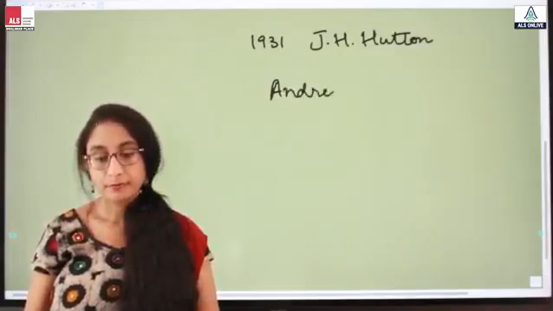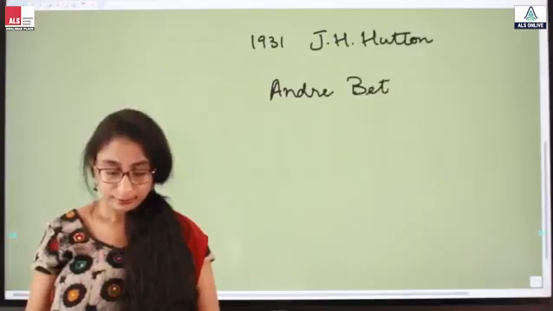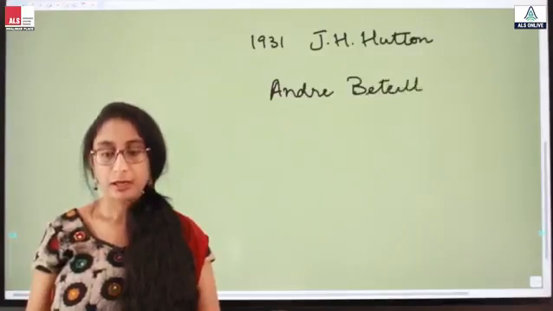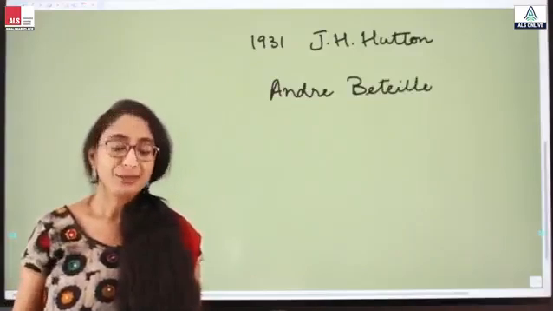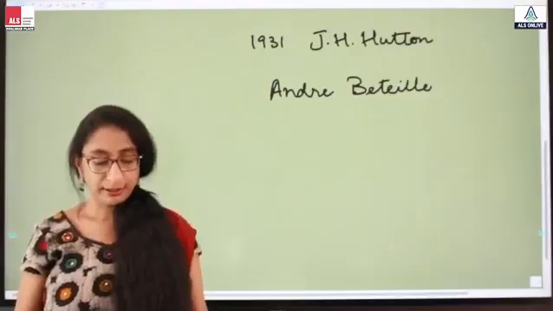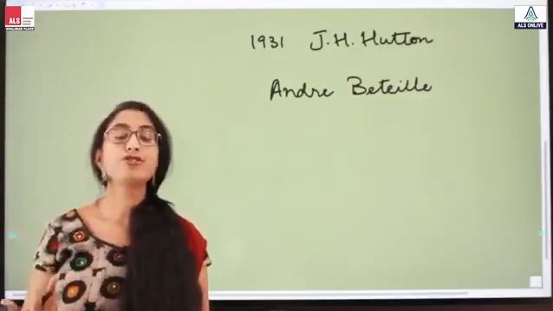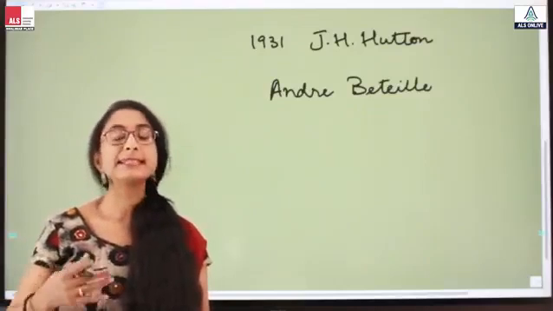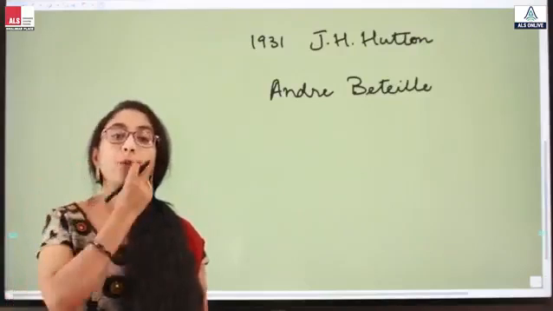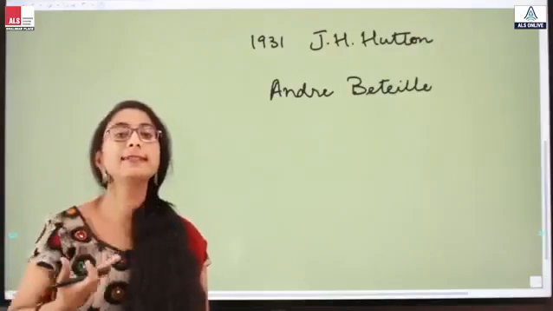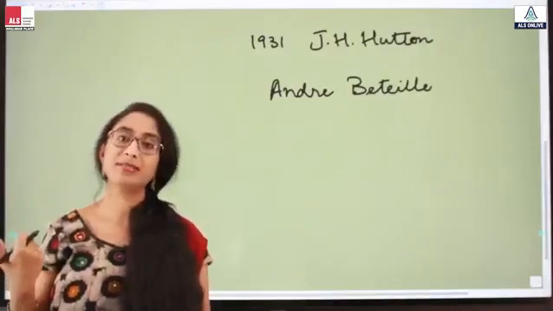He said that we can differentiate between tribes and the caste, and he says, I will give you certain points or attributes which, if fulfilled by a group, you can consider them as a tribal group, and if they do not fulfill those criteria, you can consider them as a caste group.